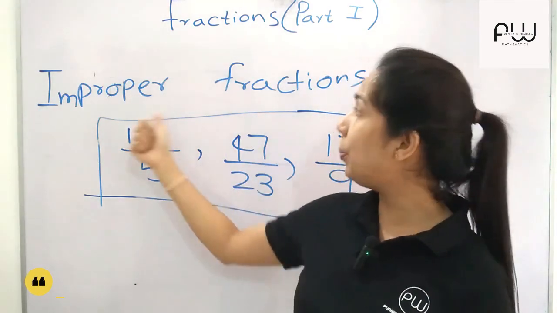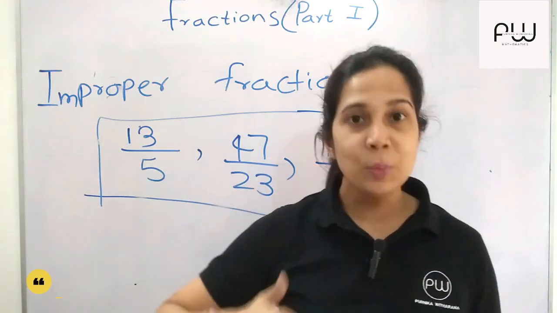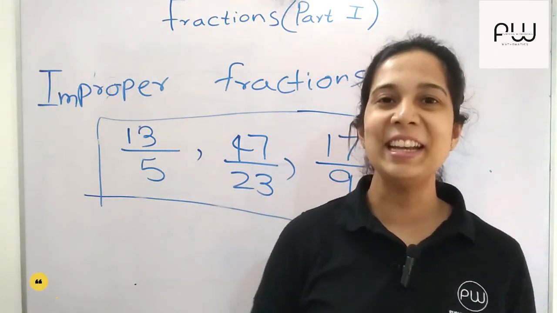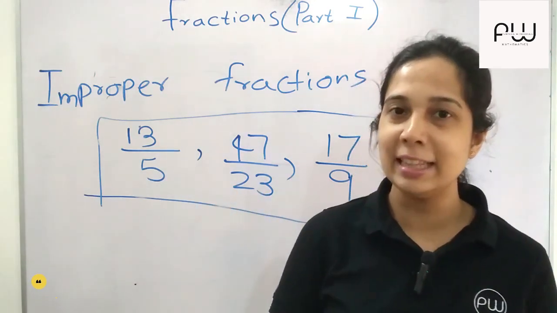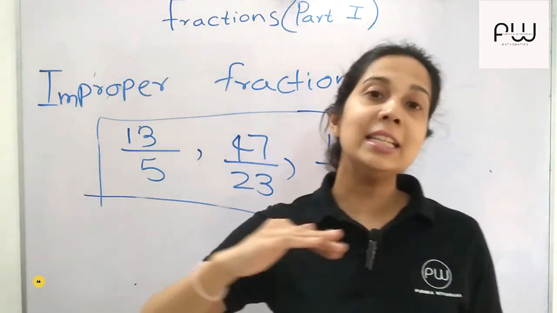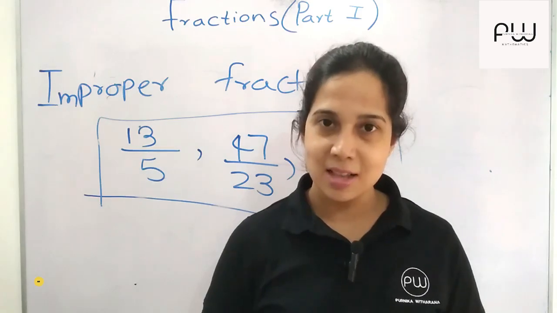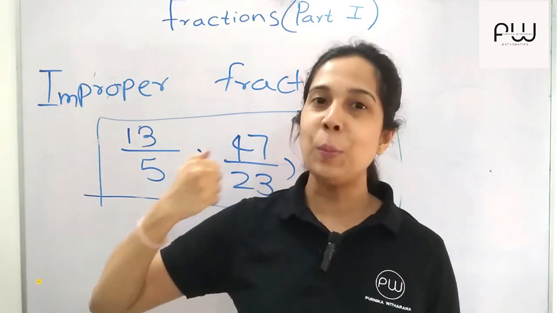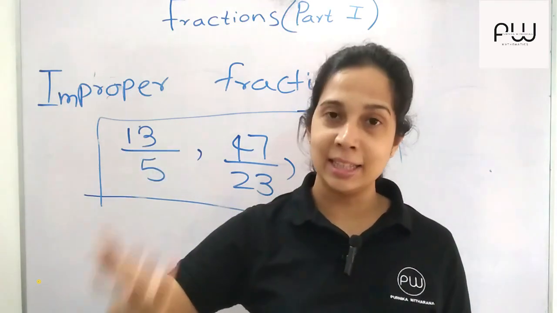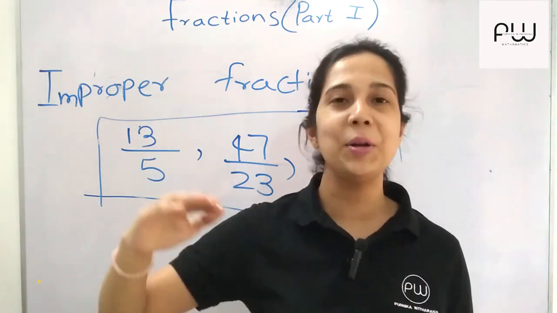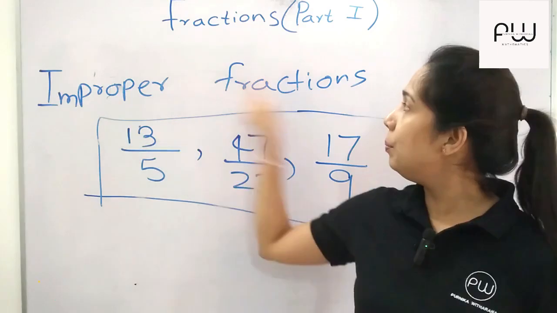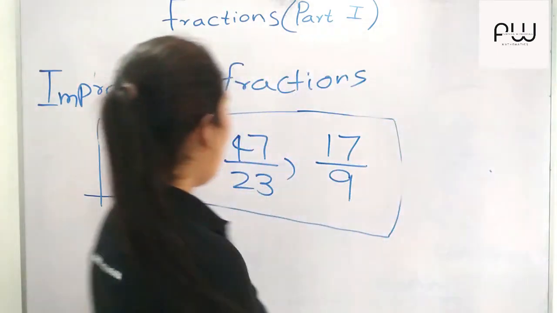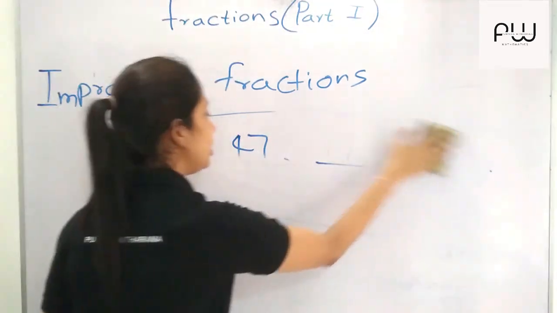Proper fractions: if the numerator is smaller than the denominator, then these kinds of fractions are called proper fractions. And if the numerator is greater than the denominator, then these kinds of fractions are called improper fractions. Okay, and then I'm writing some fractions here.